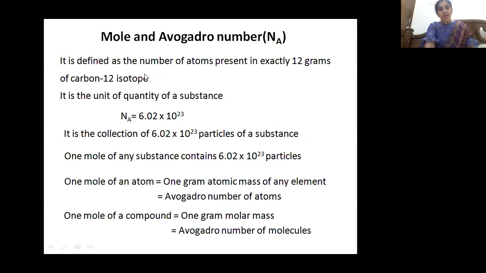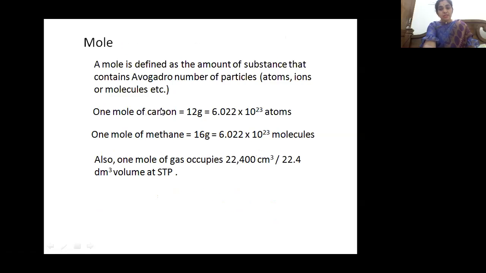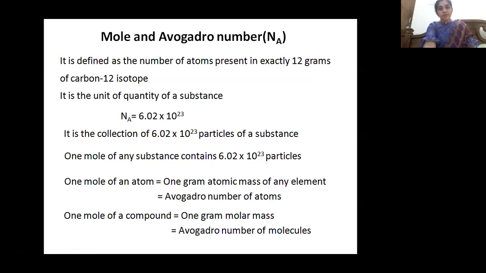Mole is defined as the number of atoms present in exactly 12 grams of carbon, that is the carbon-12 isotope. So it is the unit of quantity of a substance. N_A, that is Avogadro number, is denoted by capital N with subscript A, which is given by 6.02 into 10 to the power 23.